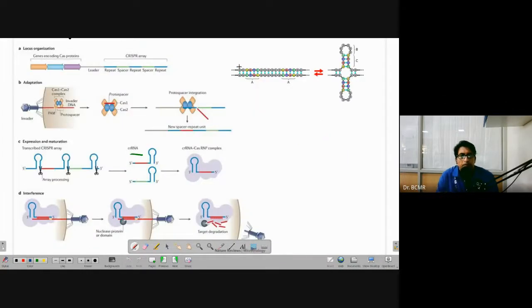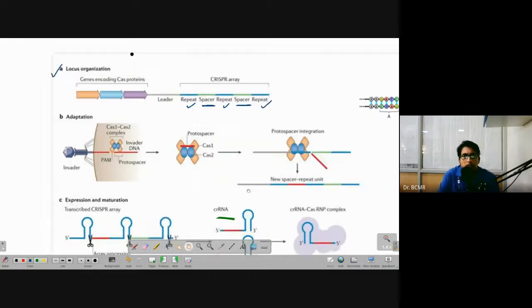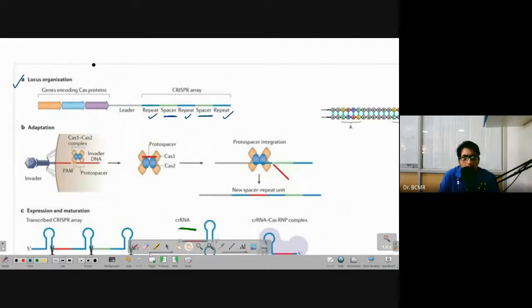Okay, so the first thing, we'll just look into it again. So locus and organization. We have, as I discussed before, several repeats, and each of these repeats has spacers like this. Okay. And the spacers, what they do is, this is the CRISPR array.